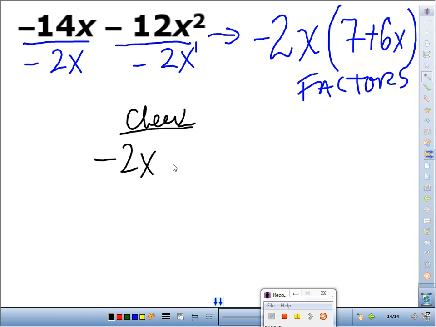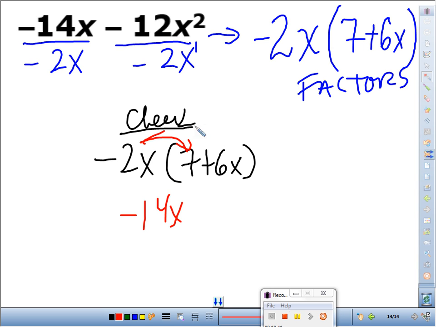Negative 2x times 7 plus 6x. Let's distribute. Negative 2x times 7, that's negative 14x. Negative 2x times 6x, so negative 2 times 6, that's negative 12, x times x, x squared. Did we end up with what we started? Yes.